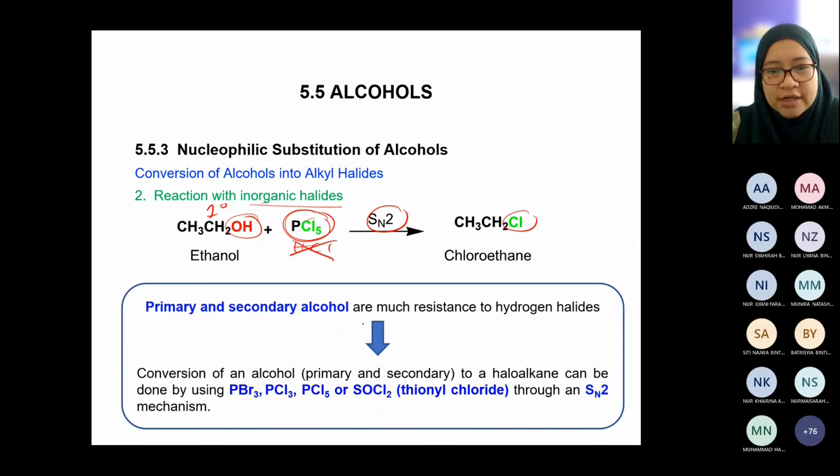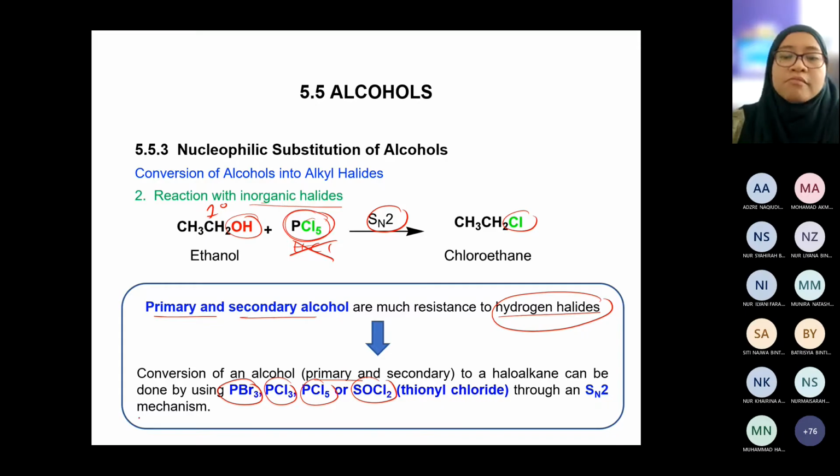Okay, so primary and secondary alcohol are much resistant to hydrogen halide. That's why we cannot use hydrogen halides. Okay, so we have to convert alcohol that is primary and secondary to a haloalkane, can be done by using PBr3, PCl3, PCl5 or SOCl2 through an SN2 mechanism. Okay, dia punya reagent dia yang berbeza dekat sini.